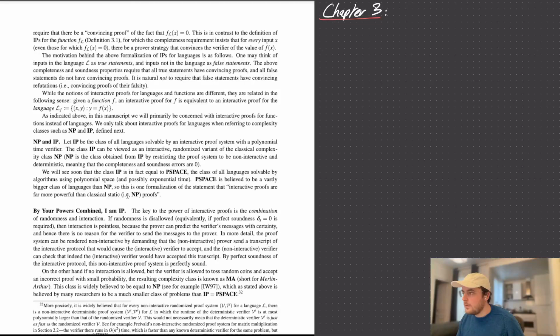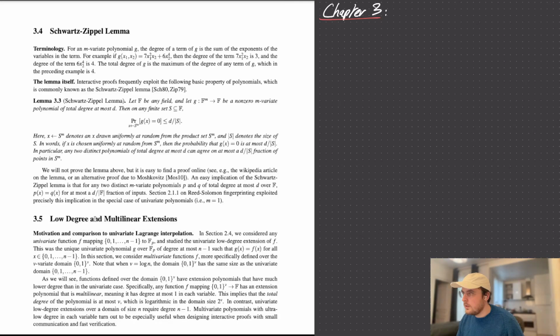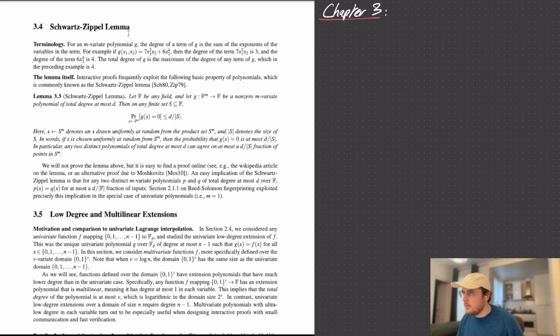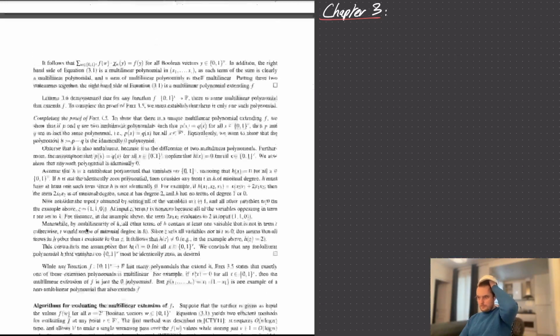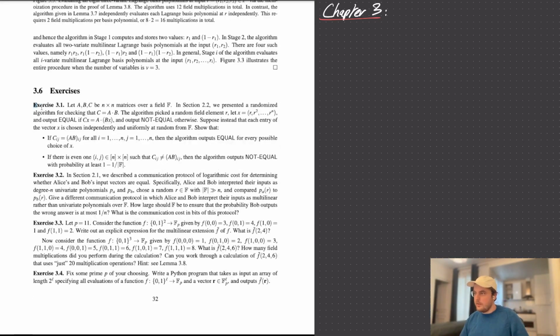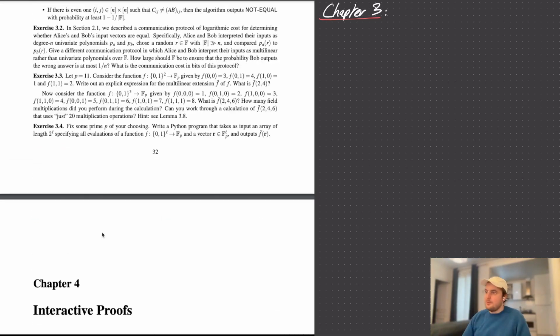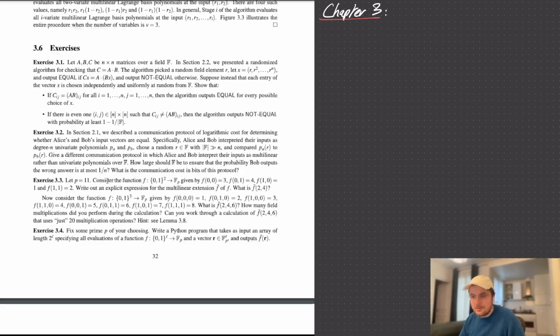How long is the chapter, by the way? I know this. I just want to know how long the chapter is. Oh, there are exercises. I don't know if we're going to do the exercises, guys. We can try. Fun.